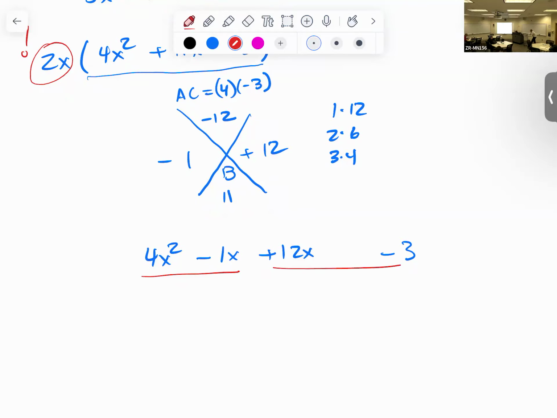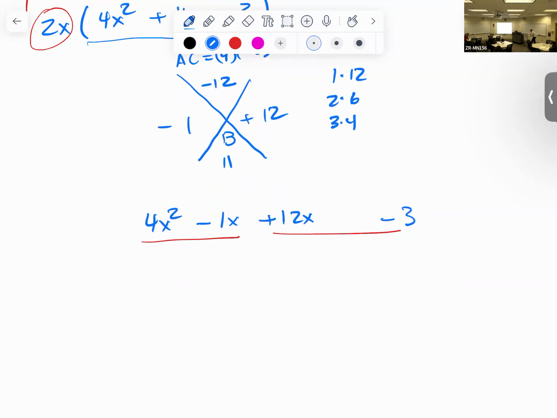And then factor by grouping. Of the first two terms, what should I pull out? Bryant? I'm going to do factor by grouping. What should I pull out of the first two terms? X. What remains when I pull an X out? 4 and X, I'm pretty sure.